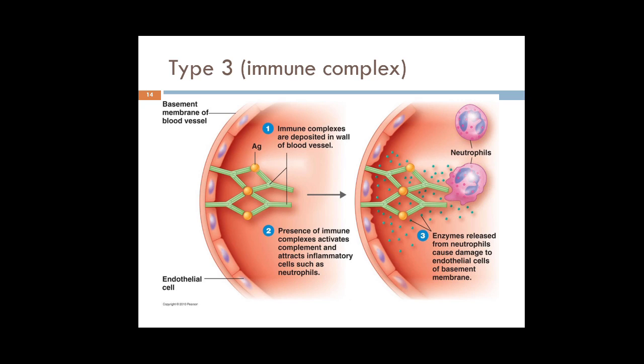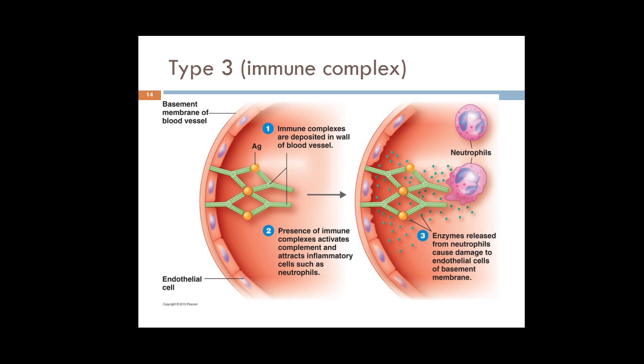Immune complexes are deposited in the wall of the blood vessel. Okay, so again a green Y-shaped structure is an antibody, and the yellow circles are antigen. So this is an immune complex. So the presence of immune complexes activates complement and attracts inflammatory cells such as neutrophils.